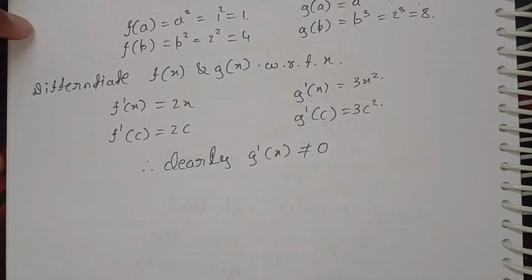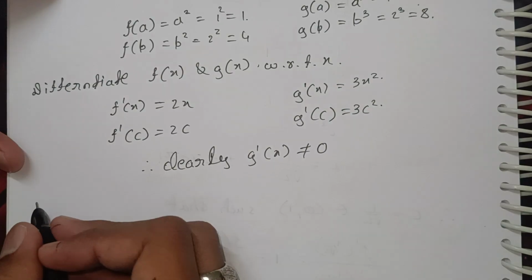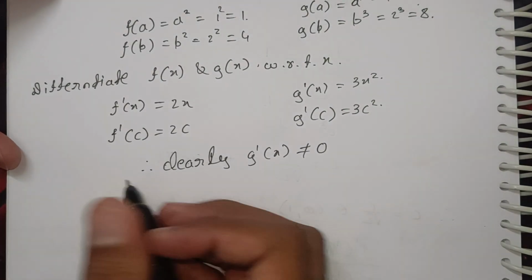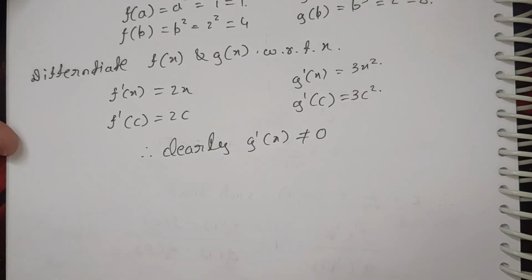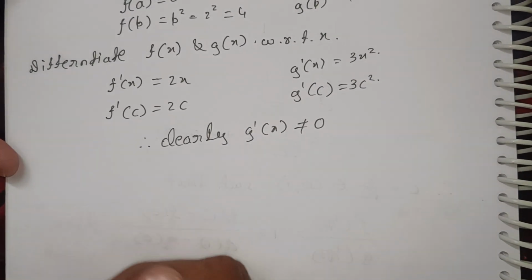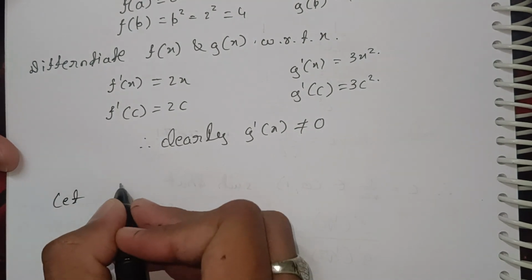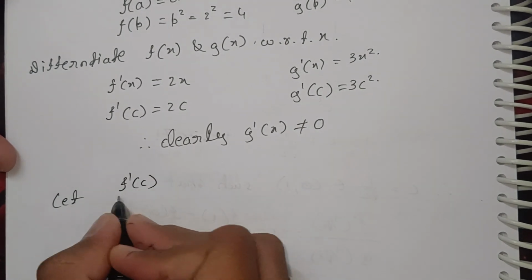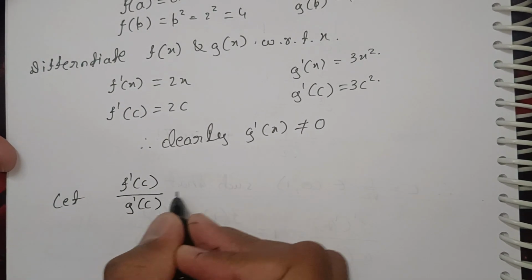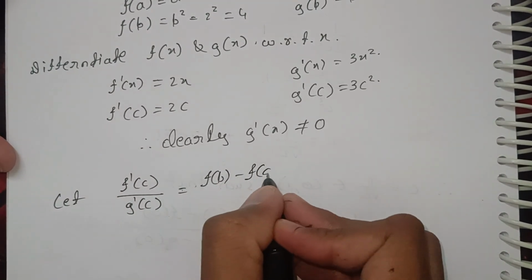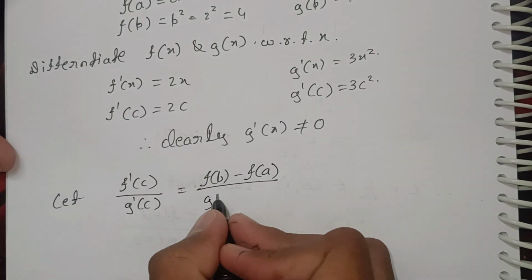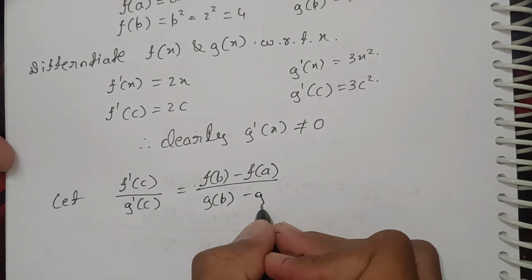So let's solve the other condition. To get the other condition solved, we have to use the formula which we have. So let's write it. F dash of c divided by g dash of c is equal to f of b minus f of a divided by g of b minus g of a.